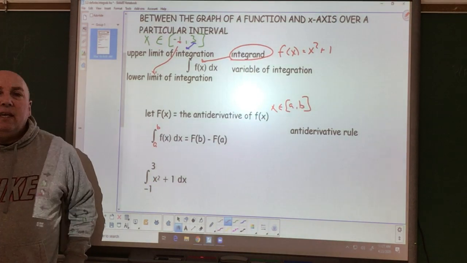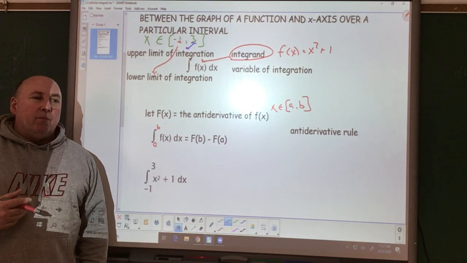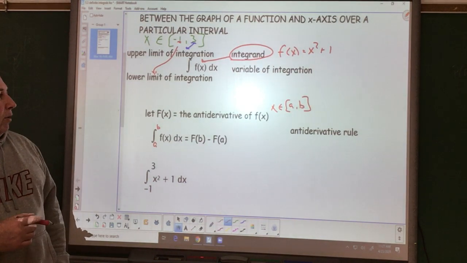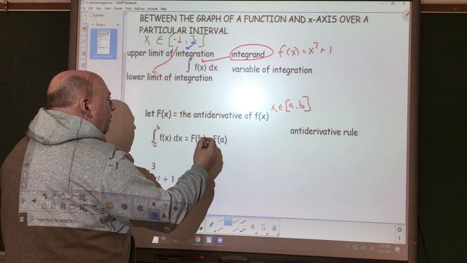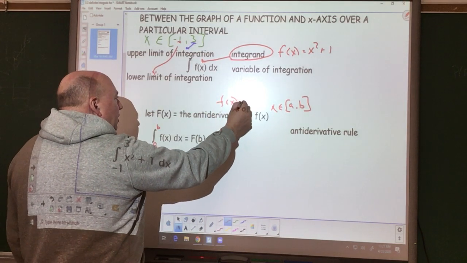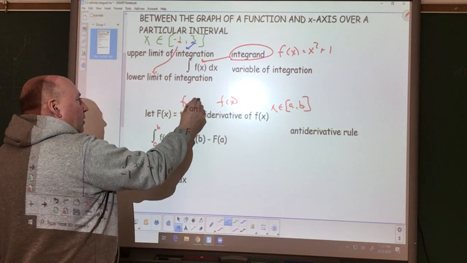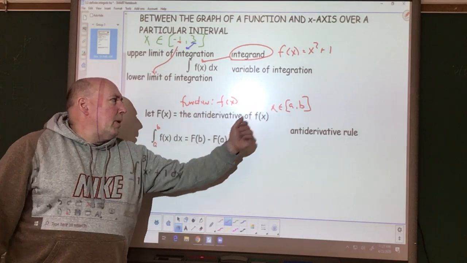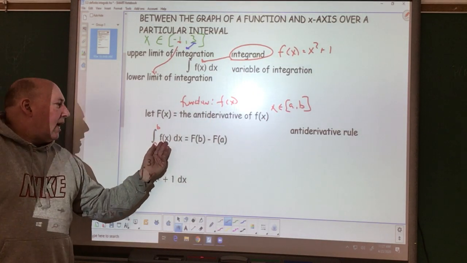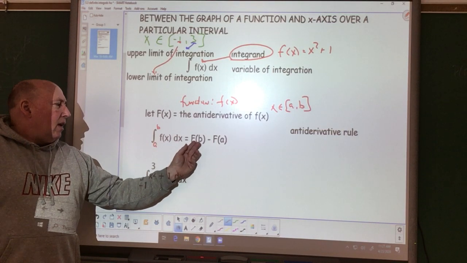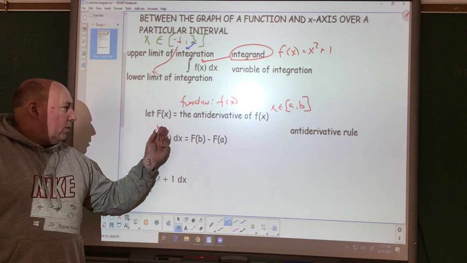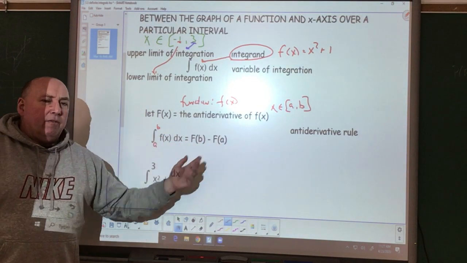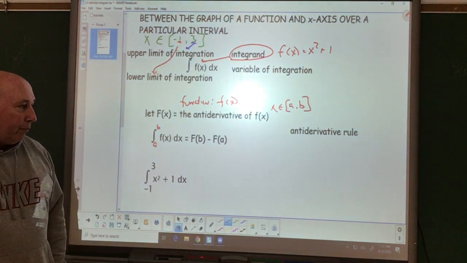This will give me the definite integral. This will give me a value, so it's the value of an integral. We take the antiderivative, evaluate it at b, which is your top value, and subtract off the antiderivative evaluated at a.